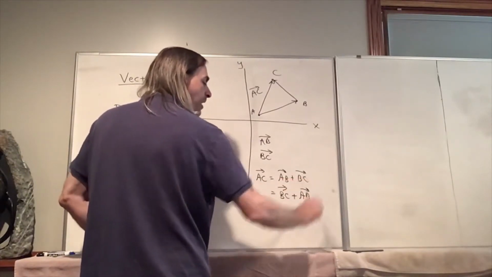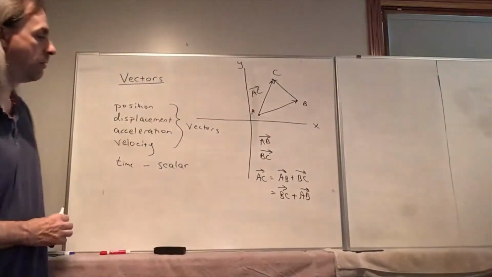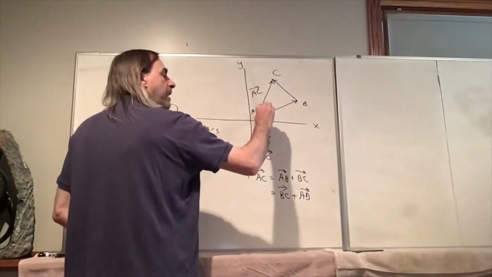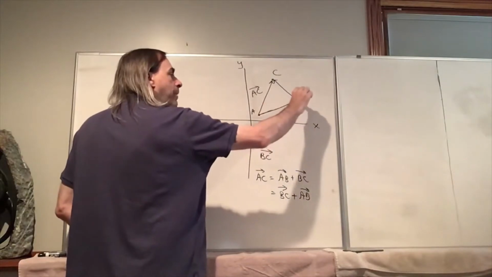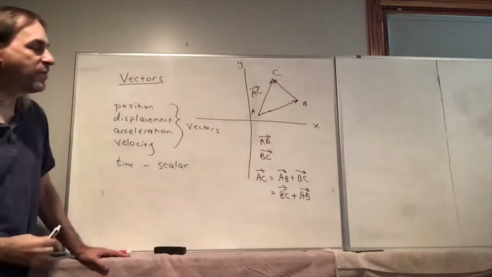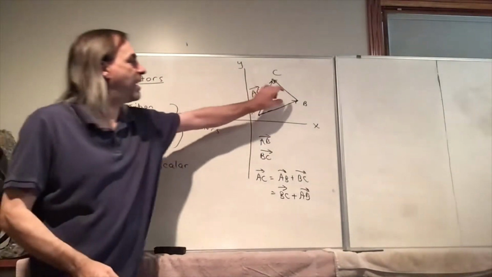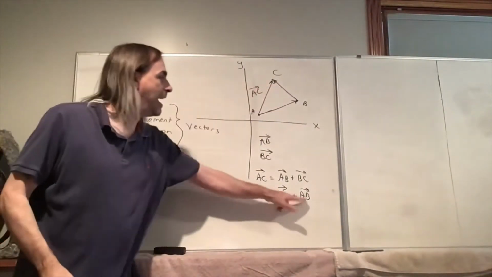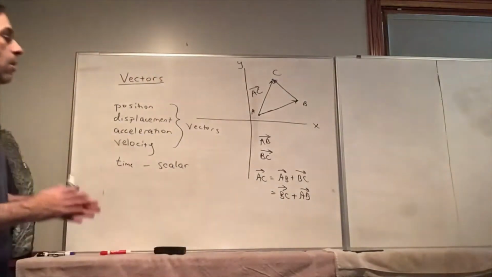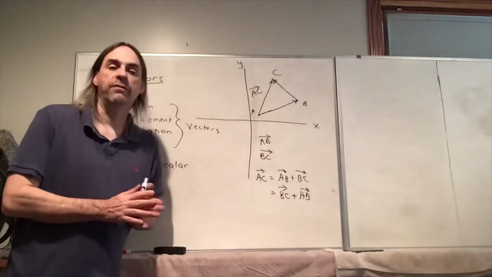So when we're going to define vector addition later. And right now we added these two vectors. We take vector AB and then we add vector BC. However, we could have done it the other way around. We could add vector BC and then add AB, and we'd get the exact same result. So that's another essential property of vectors.